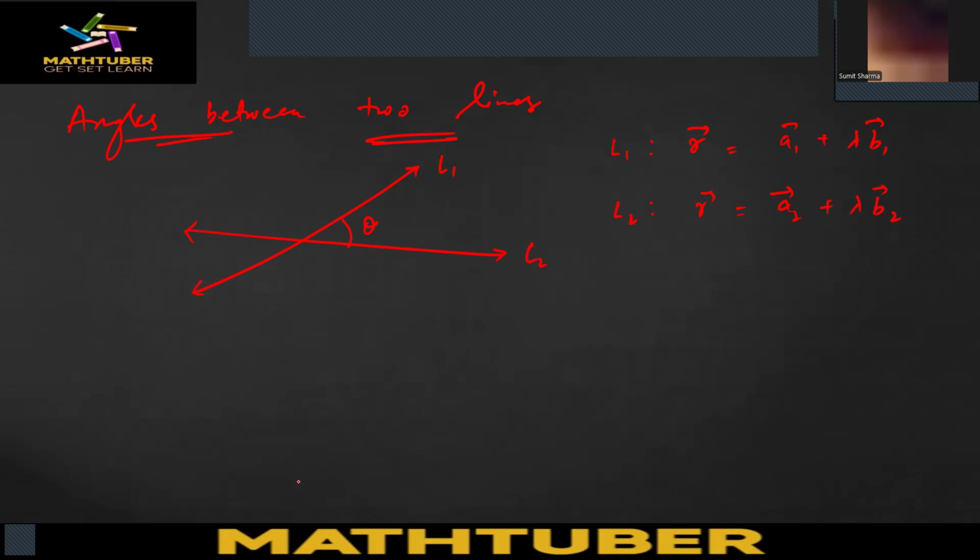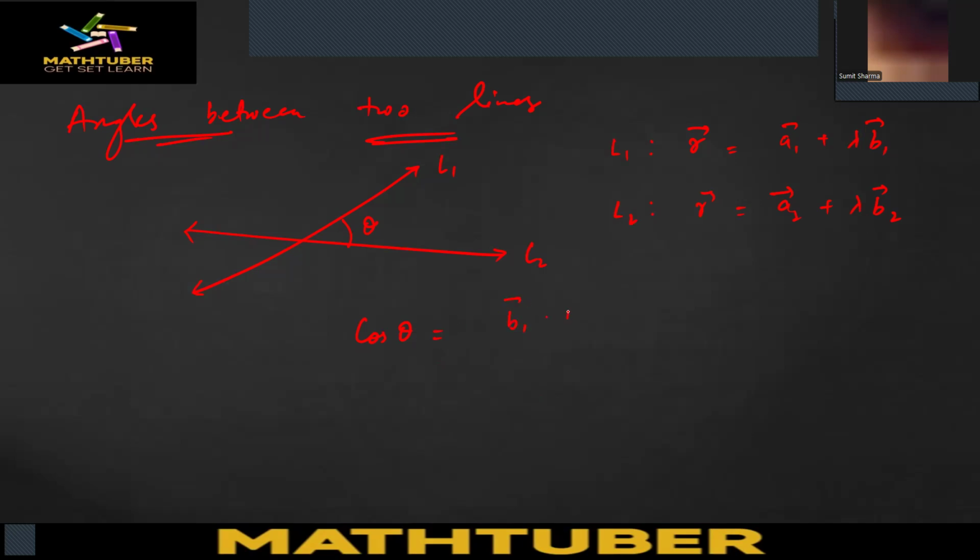If we are given the vector forms, how we are going to do it is we have to take cos theta equal to, because b1 vector and b2 vector are the parallel vectors, so we have to calculate according to them only.